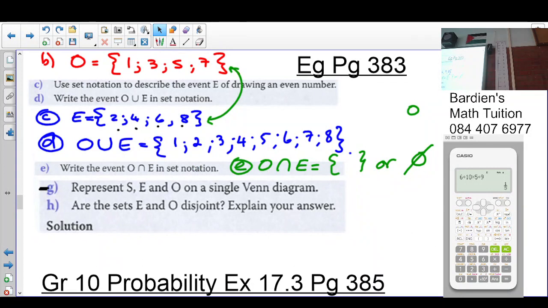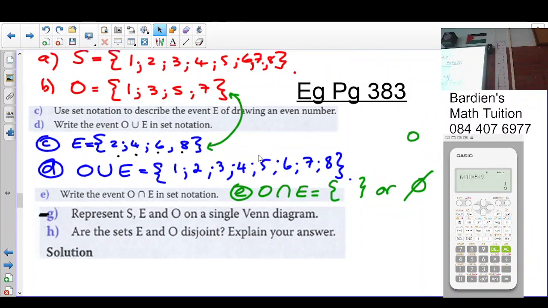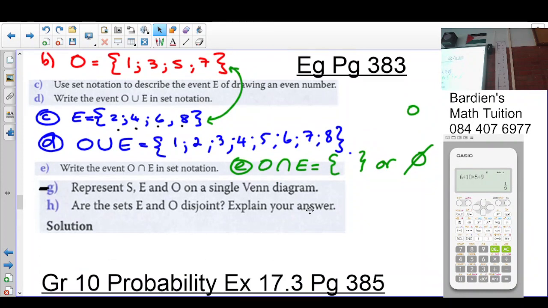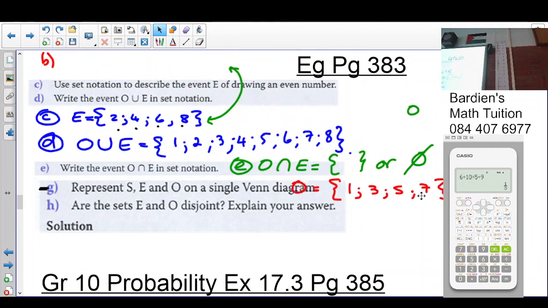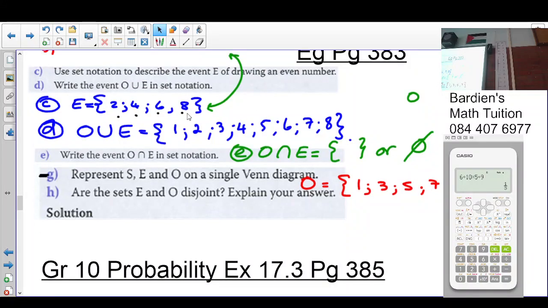Disjoint. So will there be an overlap or no overlap? No overlap. So when I draw the Venn diagram, I draw it without the overlap. Does it make sense? Okay, so I'm going to pull this down here.